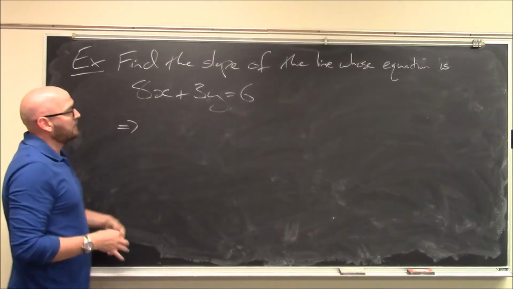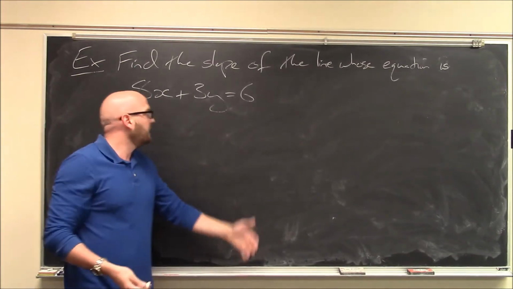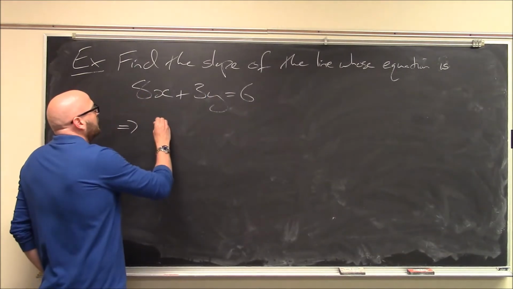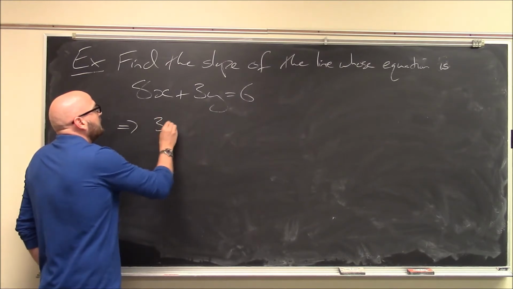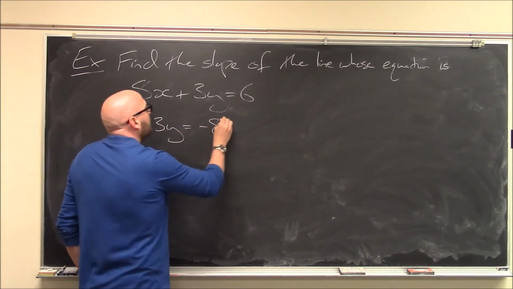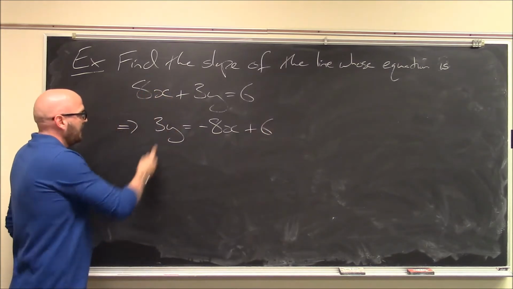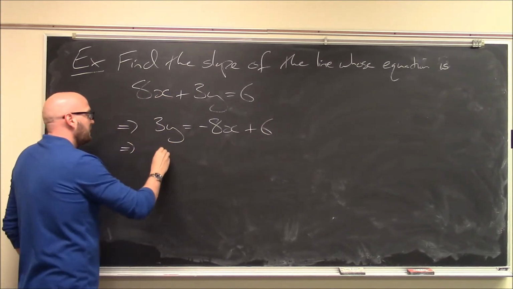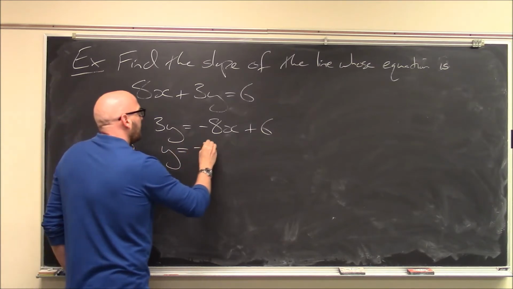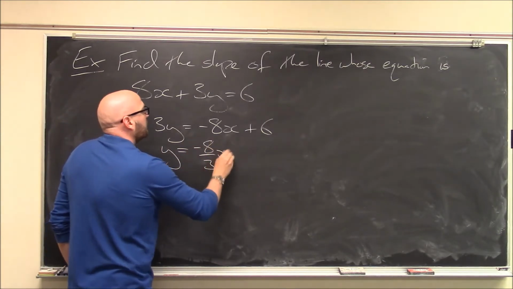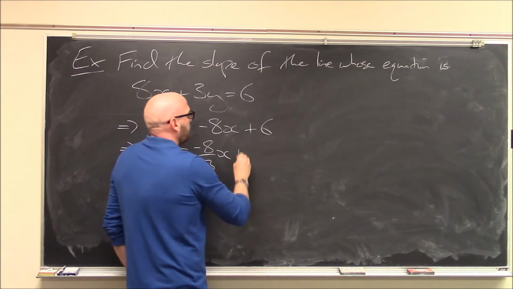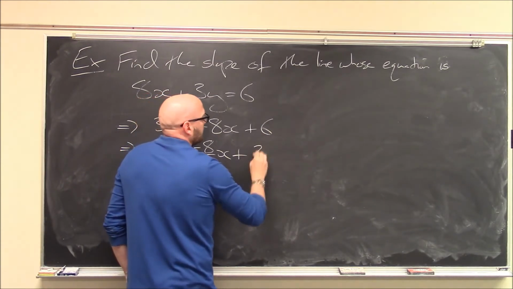How do I do that? Well, slope-intercept form is y equals something, so we'll solve for y. Subtract 8x from both sides, we've got 3y equals minus 8x plus 6. And isolating y, we just need to divide both sides by 3. y is minus 8/3 x, divide this term by 3, plus 6 over 3, which is 2.